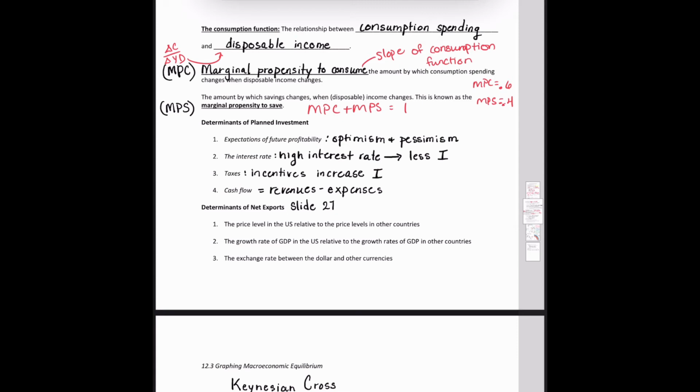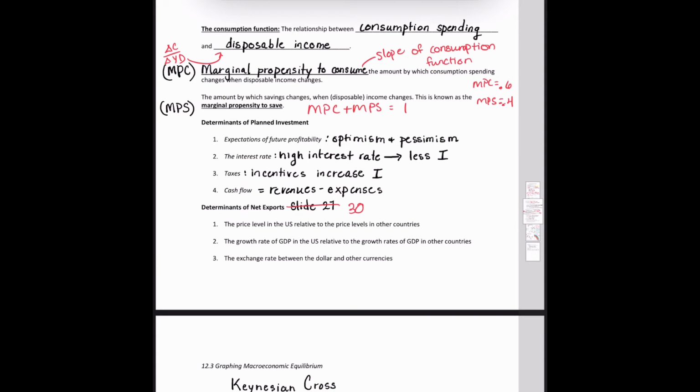And then as far as net exports, it's slide 30 actually. And we can see that if price level, growth rate, and exchange rate change, U.S. net exports will be affected.